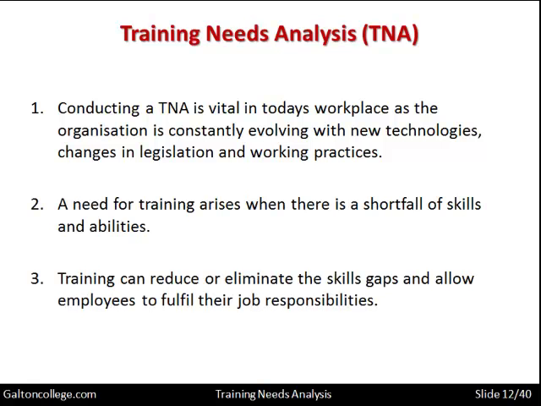Training can reduce or eliminate the skills gap and allow employees to fulfill their job responsibilities. So training can bridge the gap between what is required and what they are capable of. But that gap must be identified, and the training program should be targeted at fulfilling that gap, whatever it is.